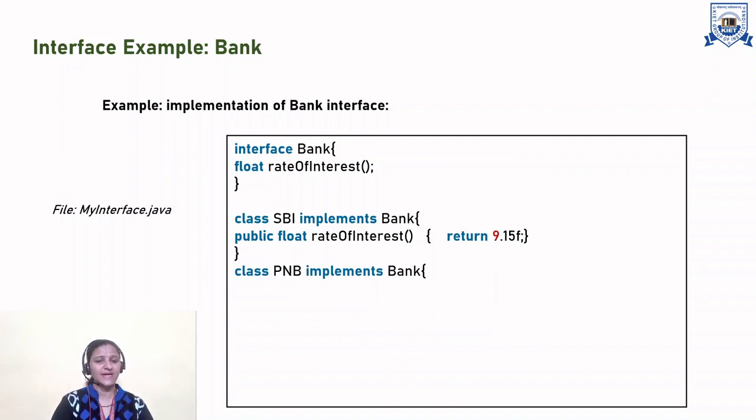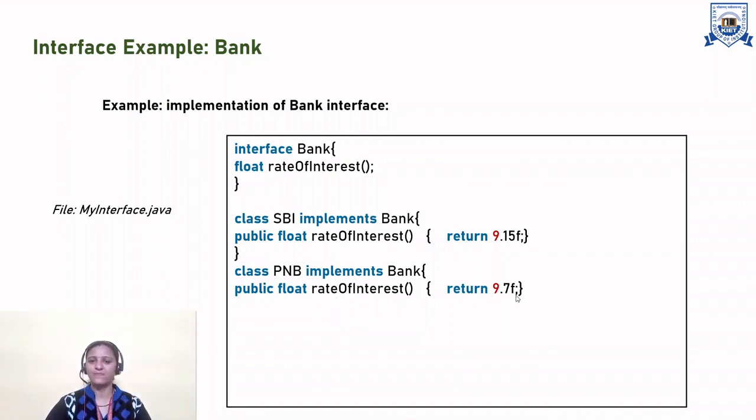Then we made another class PNB that is also implementing the bank. This class defines the method rate of interest on its own according to its requirement. So this time it is implementing the rate of interest and returning 9.7, whereas SBI returned 9.15 and PNB is returning 9.7.